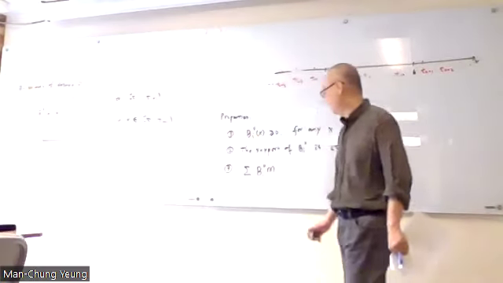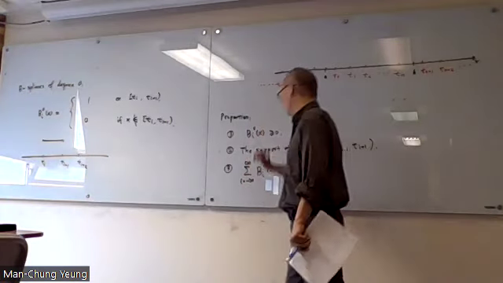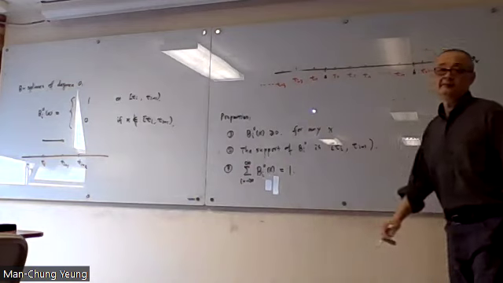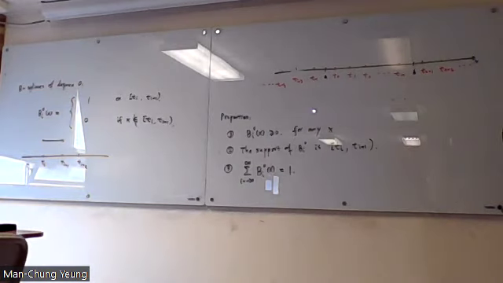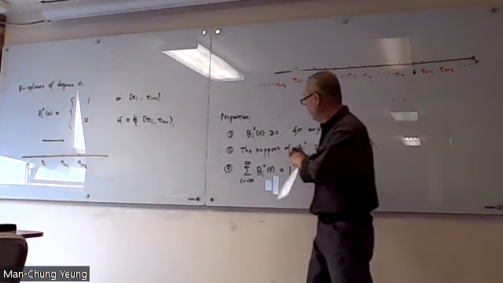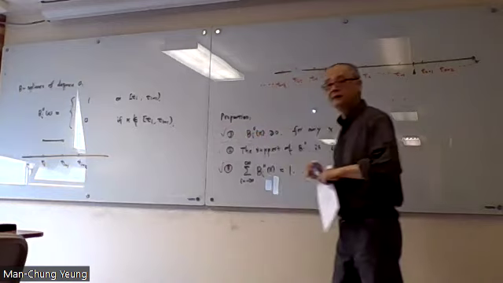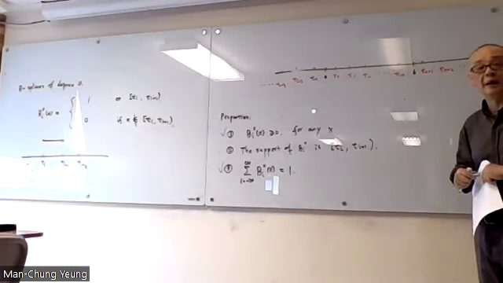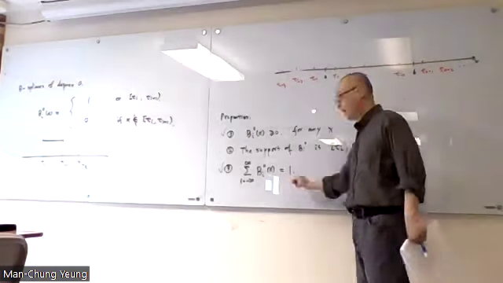Any integer i from negative infinity to positive infinity is always 1. How to prove this property? Actually, these two properties are very crucial about this new basis.